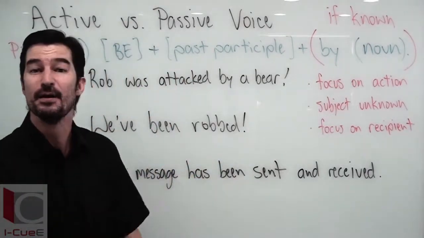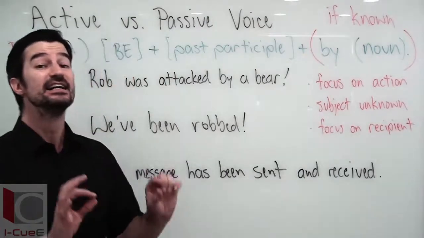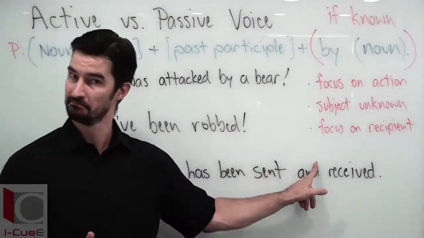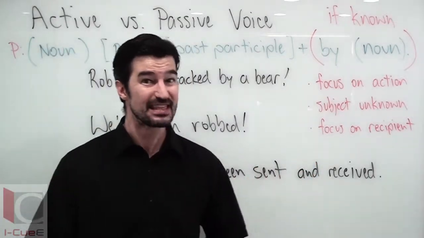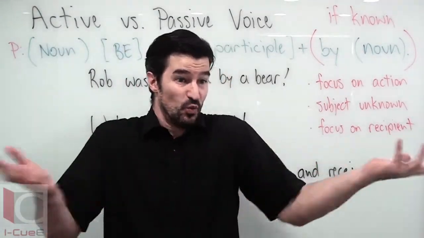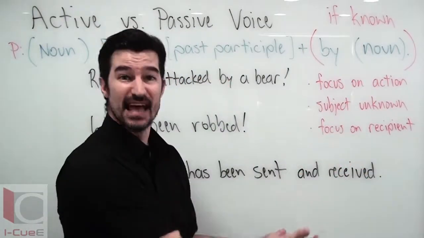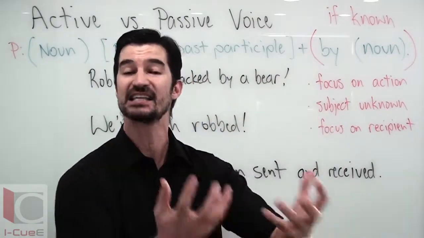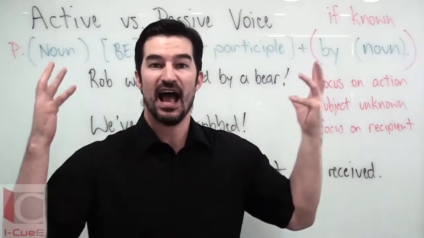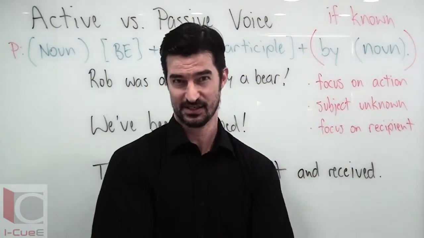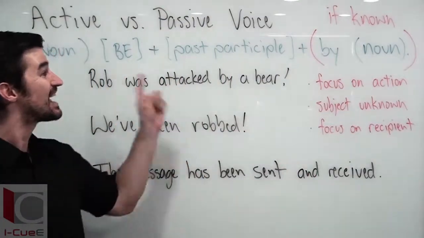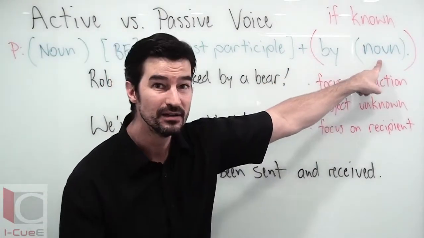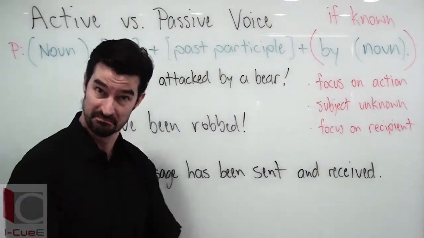We have been robbed. Now, I could say someone has robbed us, okay? So remember, with the perfect tense, we don't know the time that this happened. We just enter in the present perfect. We enter the house and something has been done in the past, and we're entering into the consequence, okay? And this is that in a passive voice where we do not know by whom we have been robbed, okay?